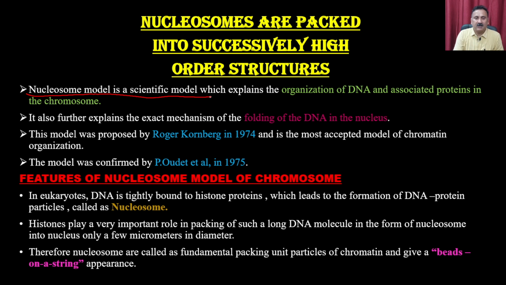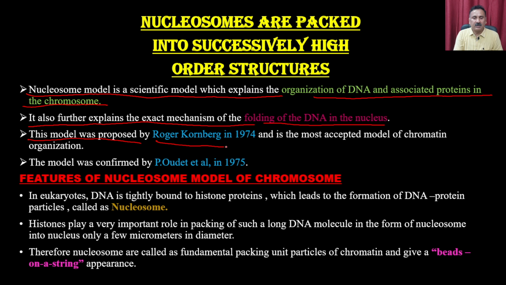model is a scientific model which explains the organization of the DNA and the associated protein into the chromosome. It also further explains the exact mechanism of the folding of the DNA into the nucleus. This model was proposed by Kornberg in 1974 and it is the most acceptable model of the chromatin organization.